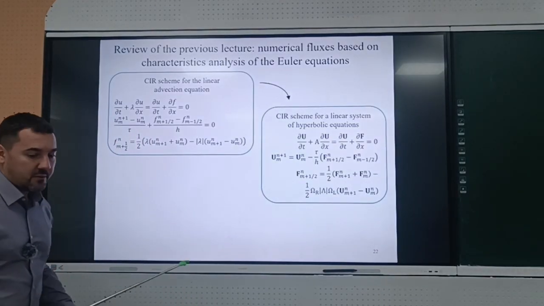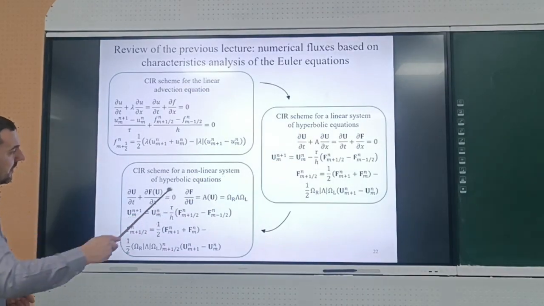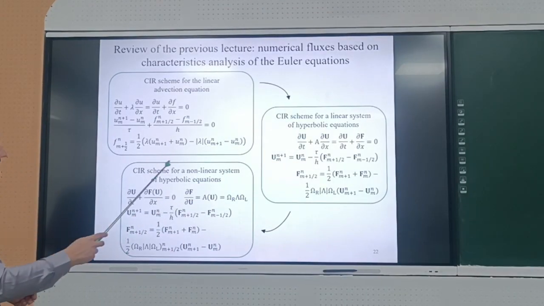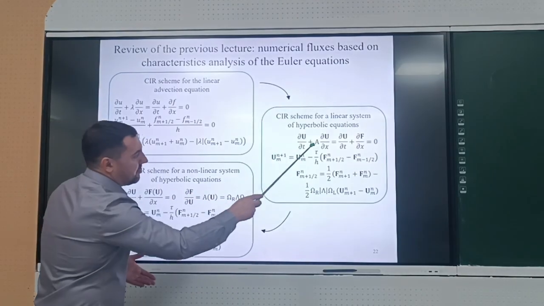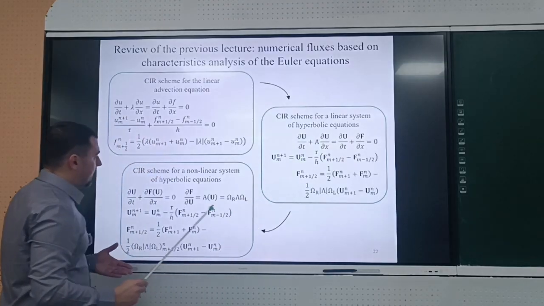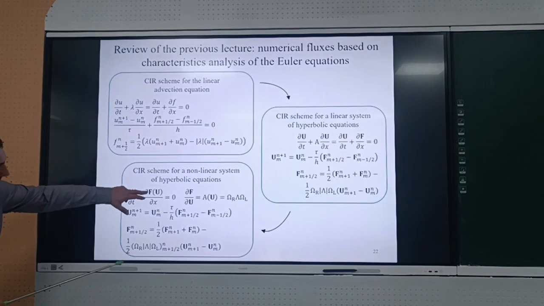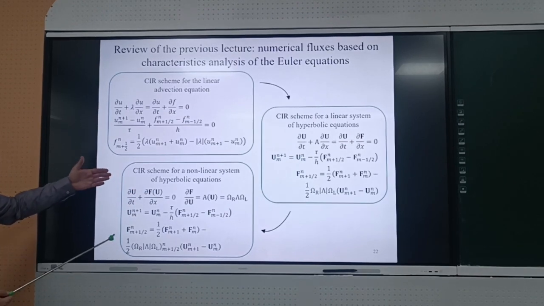And after that, we generalized this formula for a nonlinear system of hyperbolic equations. So here A was a matrix with constant parameters, and we can put it into the flux here. So F is AU, but for the nonlinear case, F depends on U, and U is an unknown function, and that's the problem.